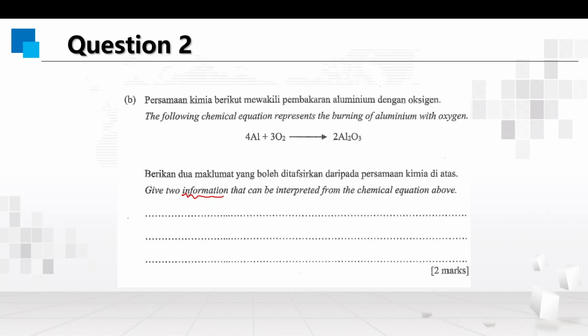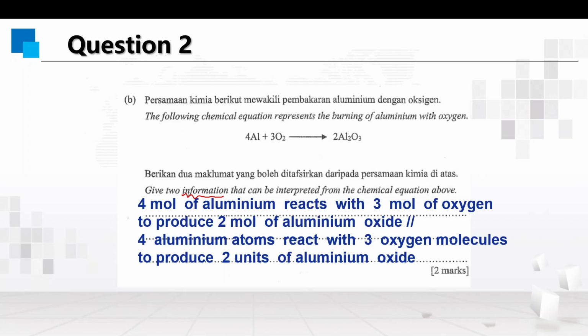What you can give here is, for example, 4 moles of aluminium react with 3 moles of oxygen to produce 2 moles of aluminium oxide. This one is quantitative information. Or 4 aluminium atoms react with 3 oxygen molecules to produce 2 units of aluminium oxide.